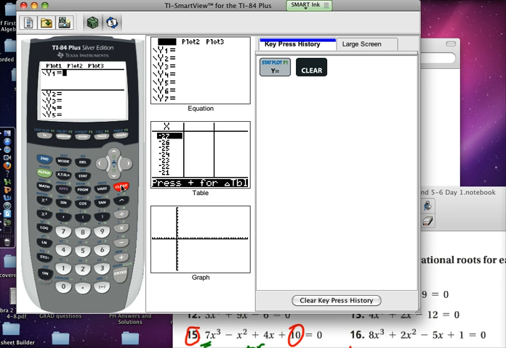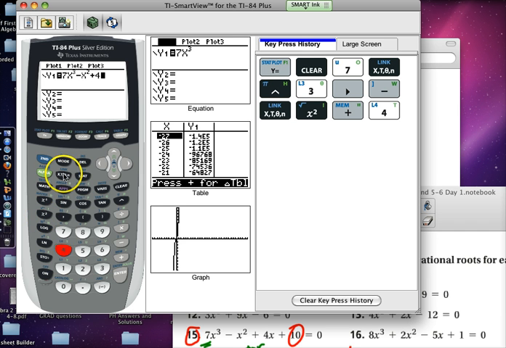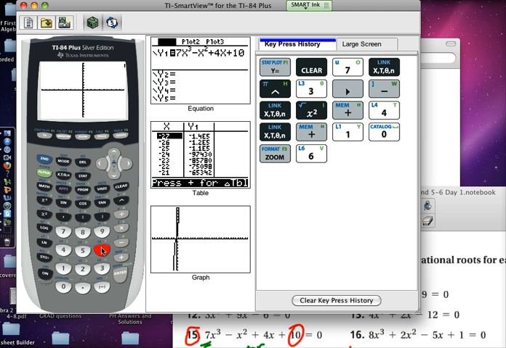So we have 7x to the third minus x squared plus 4x plus 10. And I'm going to go ahead and hit zoom 6. And it looks like I have one.